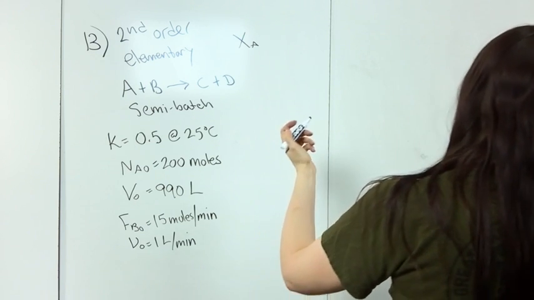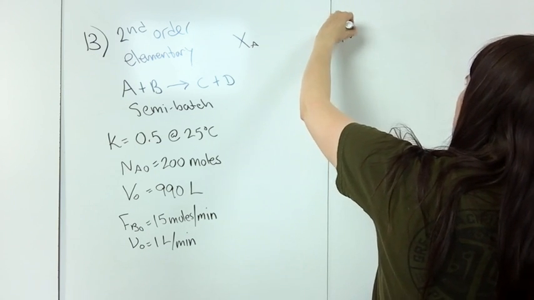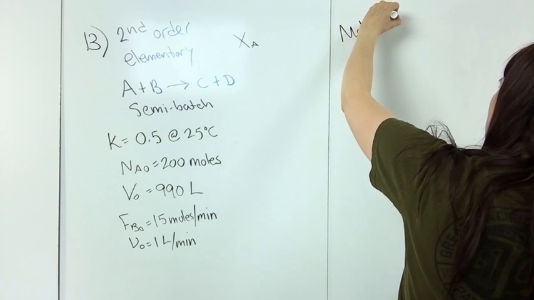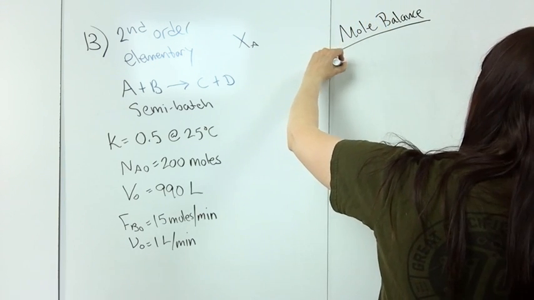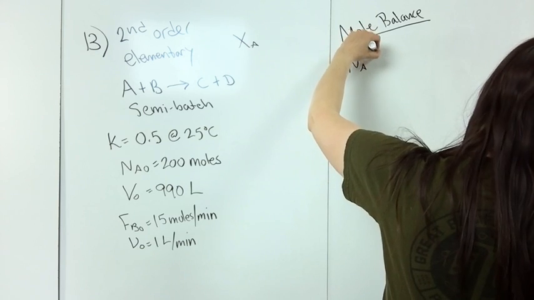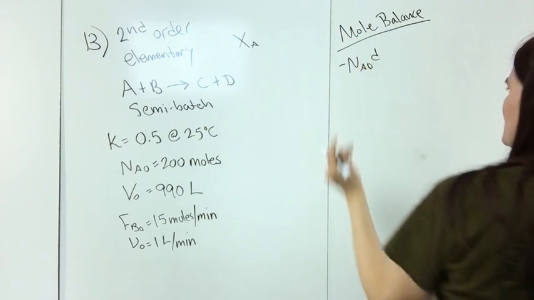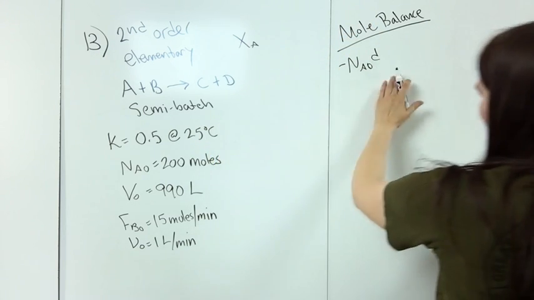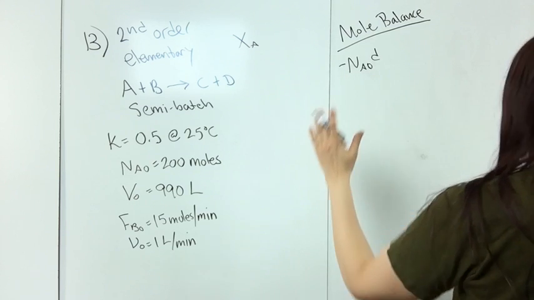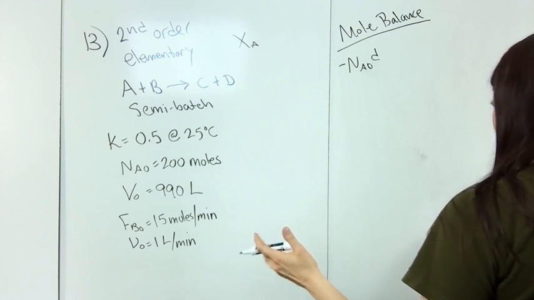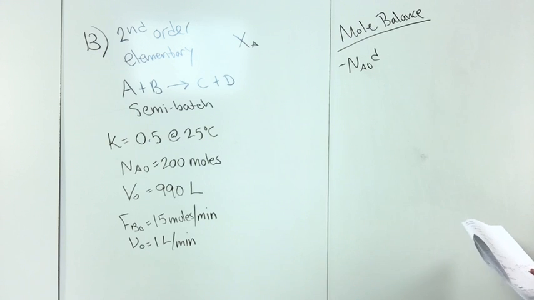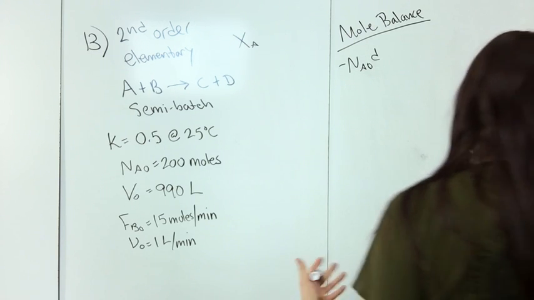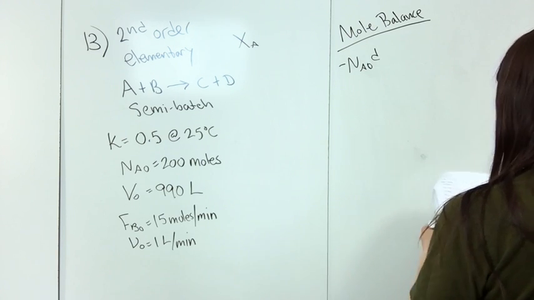So anyway, for this problem, first you would do a mole balance. You use the mole balance for a batch reactor. For a semi-batch, the difference is your stoichiometry is different because of whatever you're adding, but I'll get to that in a minute.